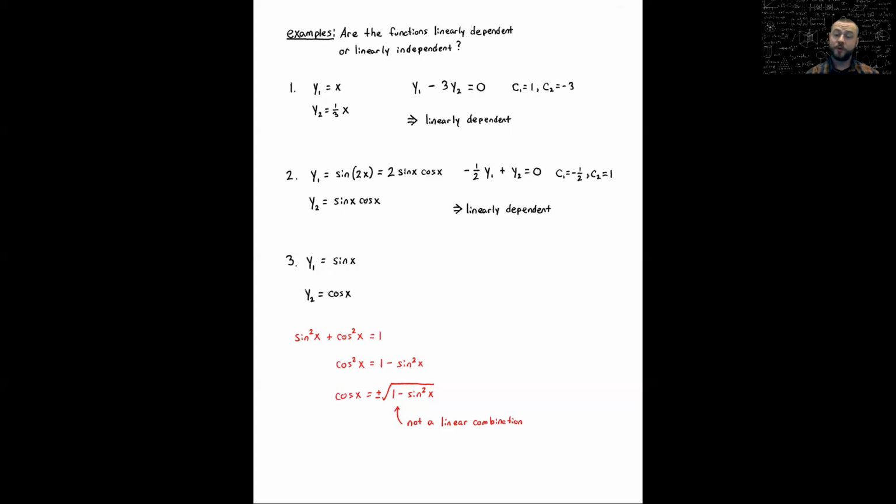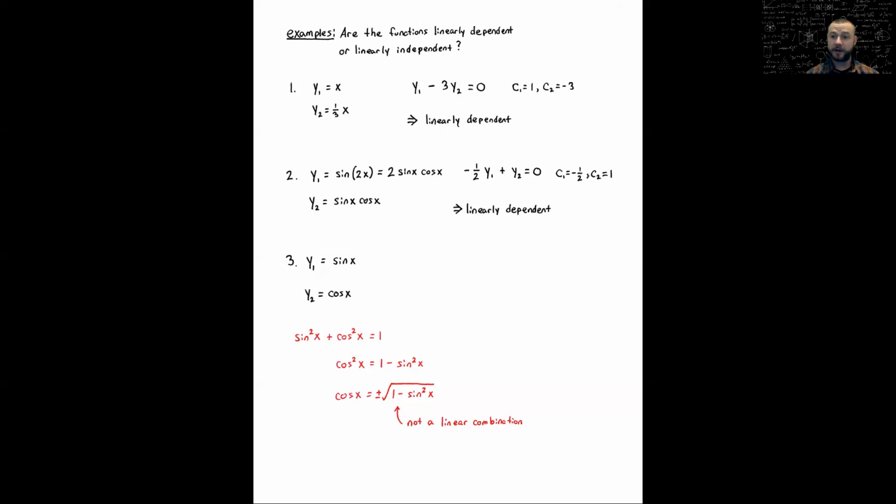All right, what we can do here with your basic Pythagorean identity is express cosine of x in terms of sine of x, or specifically cosine of x in terms of sine squared of x. What I want to point out is while we have achieved that, we've expressed cosine in terms of sine, the combination is not a linear combination due to squaring and here taking a square root.